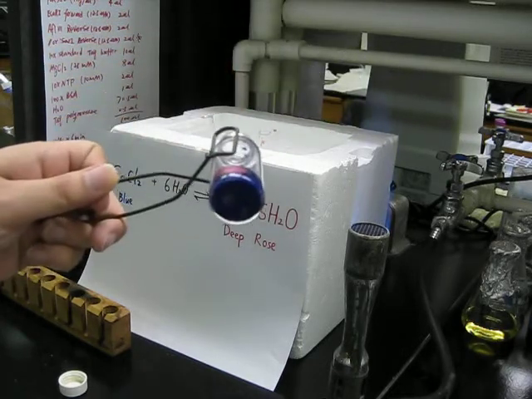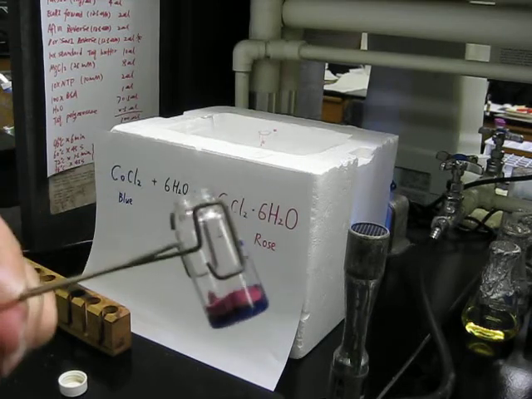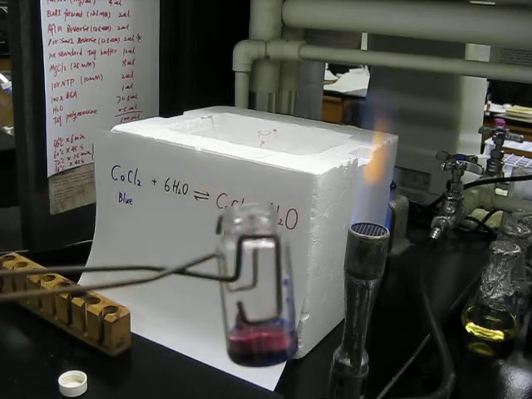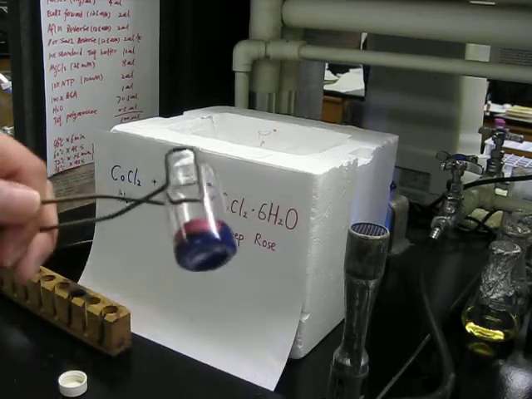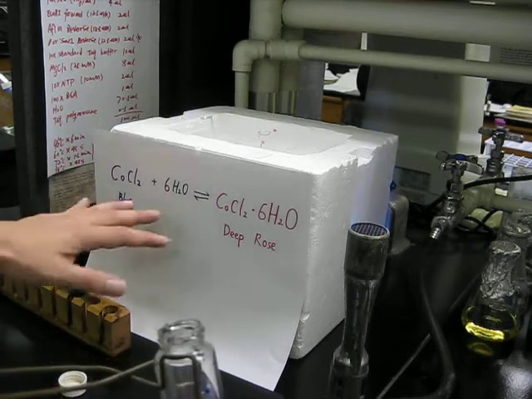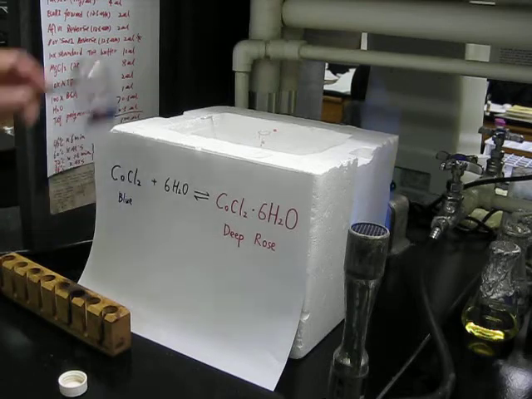Blue color. Okay. The top is still red because the top one has no heat or less heat, so that has still hydrate. But the bottom one has been changed to blue, which is cobalt chloride with no water in its formula.